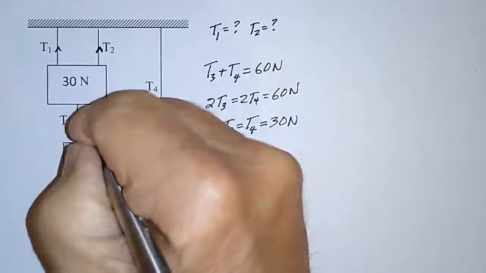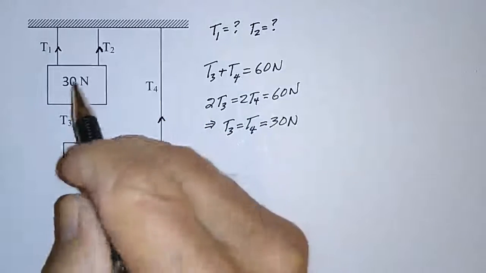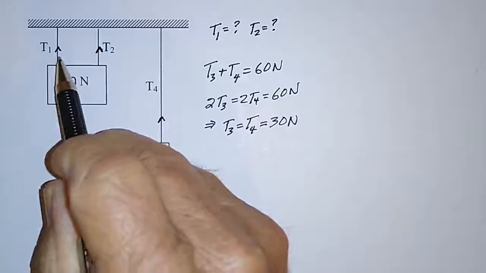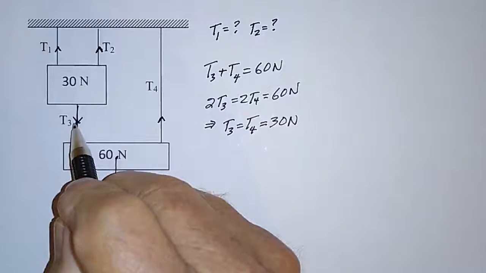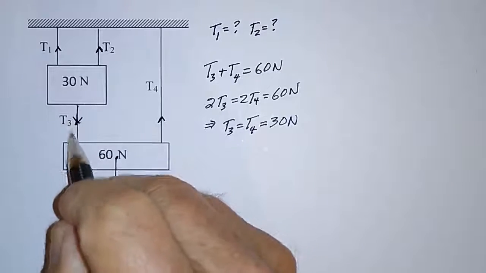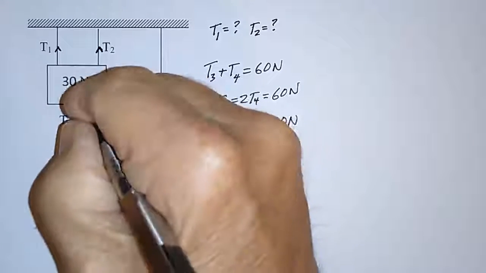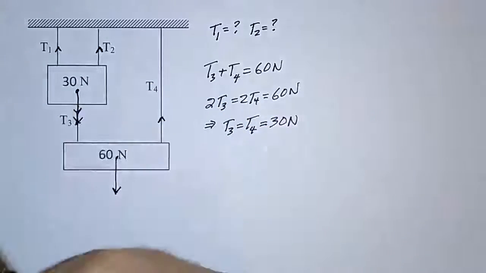And we have T3 acting down this way. So we have T1 plus T2 has to be equal to T3. Oh, but wait. What about the weight? Not just T3, but there's also the weight, which is acting in this direction, of 30 newtons.